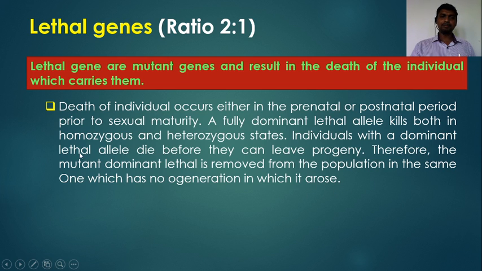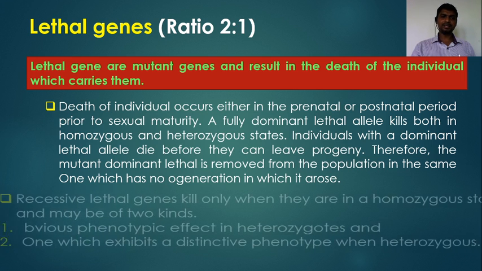So the lethal genes are the mutant genes which are responsible for the death of the individuals which carry them. So the mutant dominant lethal has to be removed from the population in the same generation in which it arises. So this is about the lethal gene.